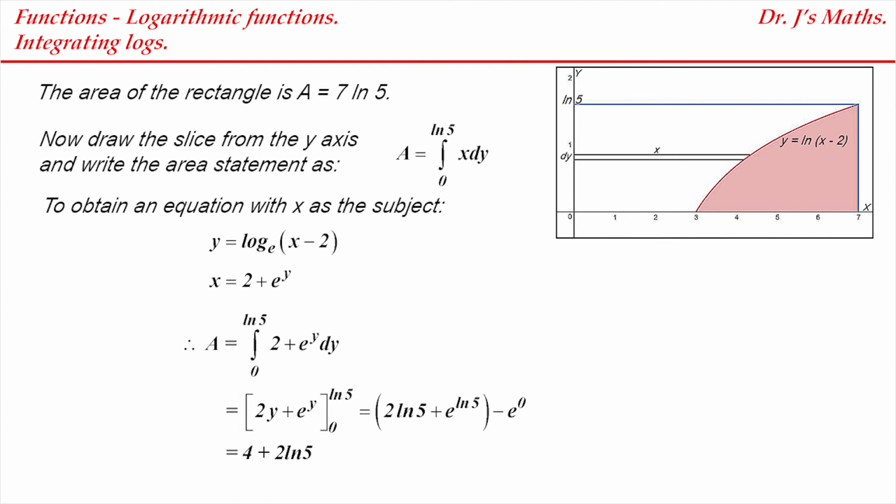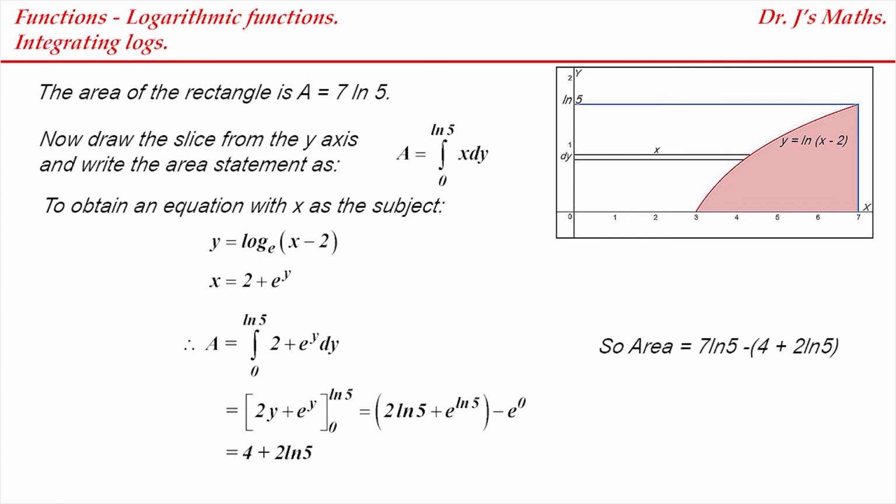Now, the e to the log 5, remember, it has an e as the main base, and ln has a base of e, so they cancel out to give us a 5, which we've done previously. So we have 2 ln 5 plus 5 minus 1, which is going to be 4 plus 2 ln 5.